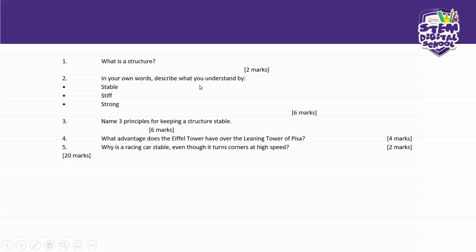Okay. In your own words, describe what you understand by stable. If something is stable, what is it like? If something is stiff, if something is strong. Just jot down your answers or think how you can answer this for 2 marks each.